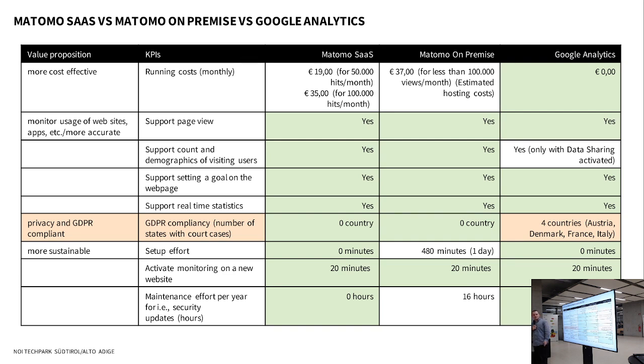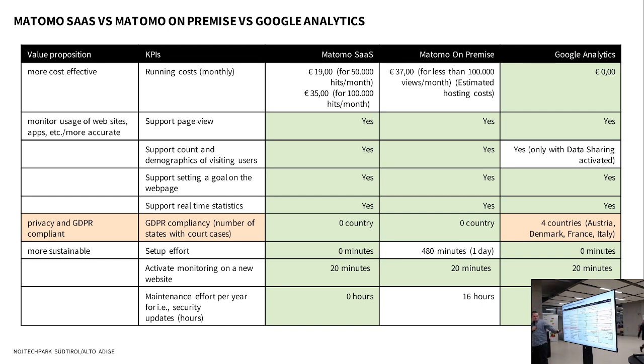Google Analytics also doesn't need a setup. To activate a new site, it took more or less 20 minutes, because you have to copy the snippet, activate the site and everything. It's the same process on all 3 services.